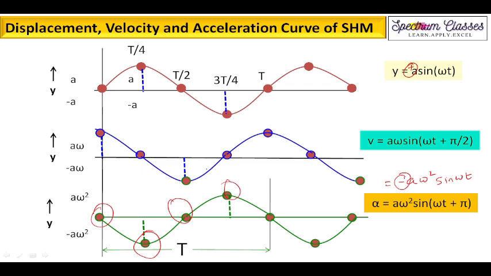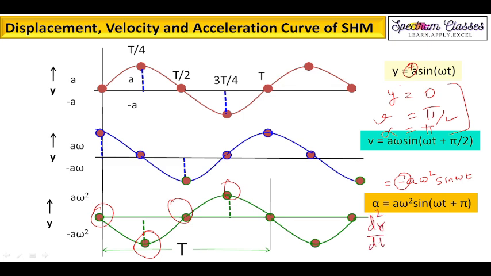As I discussed earlier, you can see how we get these values. So we can say for y the phase is 0, for velocity it is pi by 2, and for acceleration it is pi. So this is how we can show our graphs.